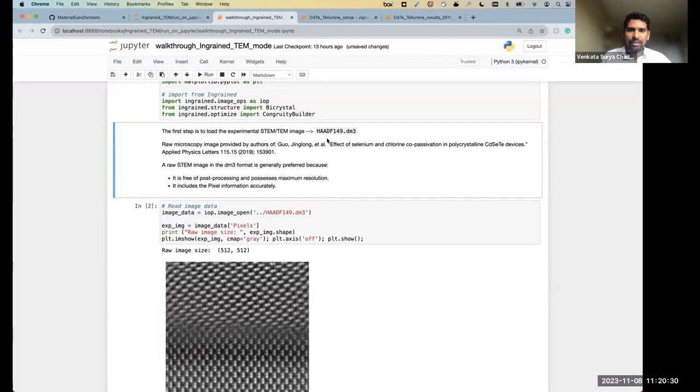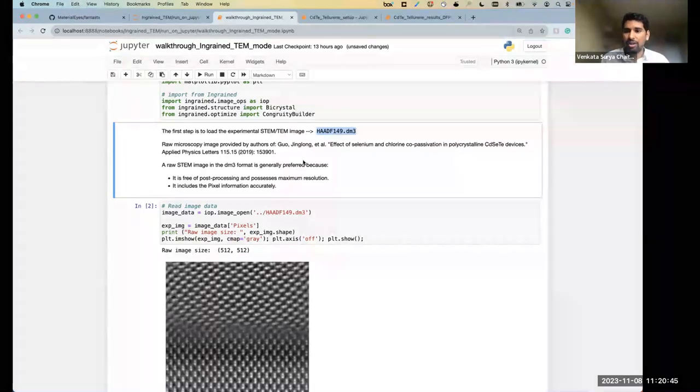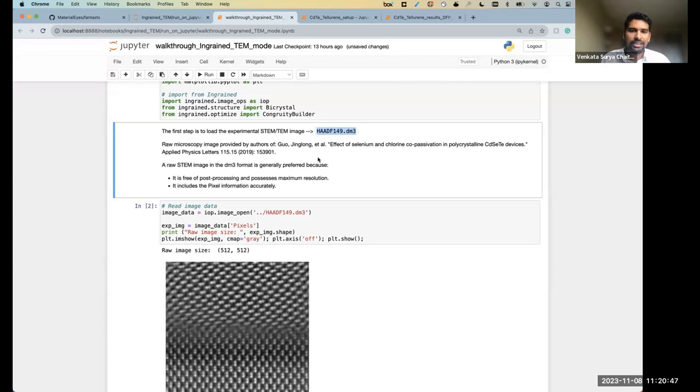One of the first things that we need is the experimental image. Ingrained supports different formats. You can provide a PNG image or a TIFF image or also the raw DM3 format image. Here we got the DM3 format from this particular work, from this author.